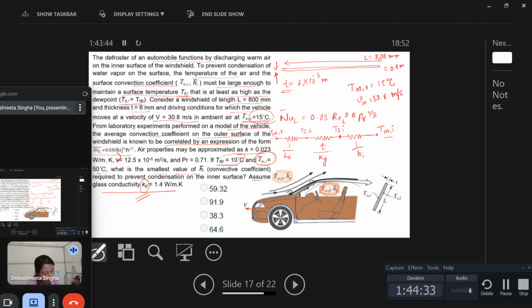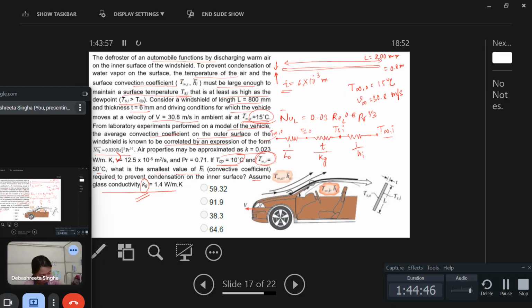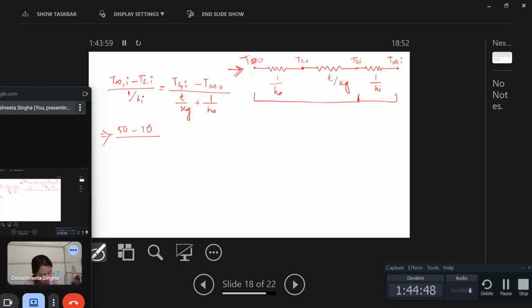The dew point is given as 10 degrees Celsius, so you can consider T_si as 10 degrees Celsius. So from here, 15 minus 10, and 1 divided by h_i.